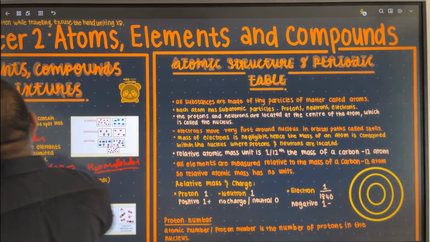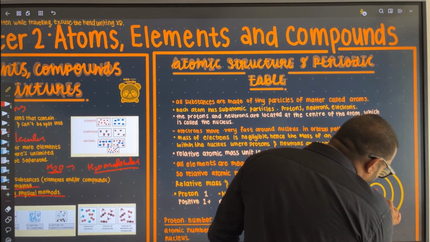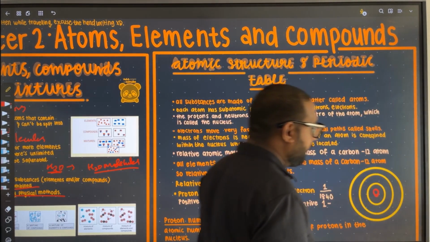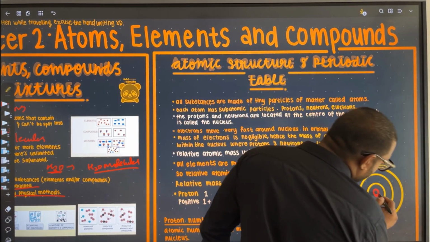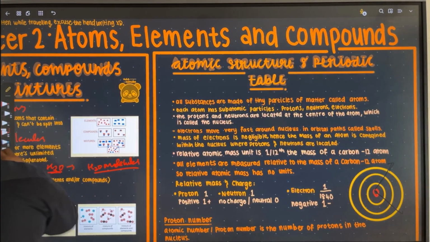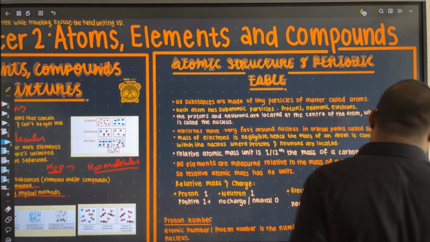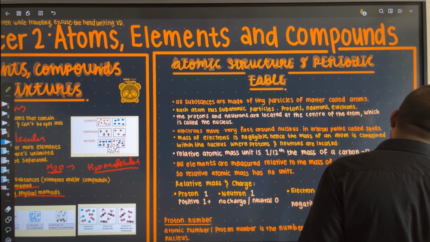I'll mark the nucleus with red. In this nucleus you have the protons and neutrons.